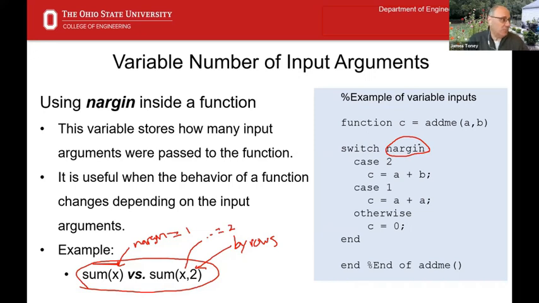But here's a really basic one. Let's just say we wanted to make a function to add numbers, and we can either pass it 0, 1, or 2 numbers. If we pass it 2 numbers, it adds the 2 numbers. If we only pass 1 number, then it just returns that number times 2, basically, adds it to itself. And if you call it with no arguments, then it just returns 0. Okay. So you could call this function different ways.